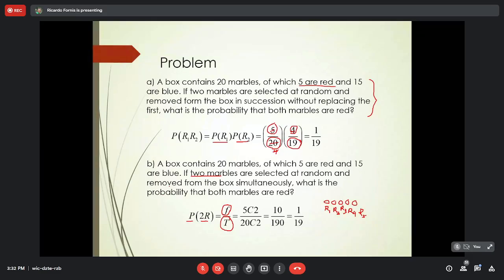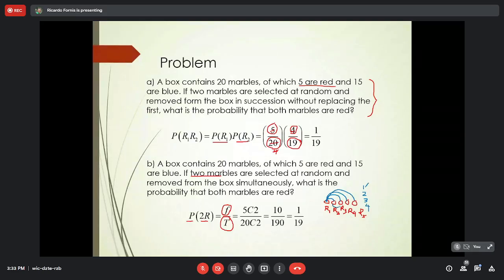If you take 2 marbles and the favorable outcome is both marbles are red, then we count this as one possibility. That's 1. This is another possibility. That's 2 already. Third possibility, and then fourth possibility. Now take note, the outcome of 1 is different from outcome of 2 and 3 or 4. So in this case, there are already 4 favorable outcomes.